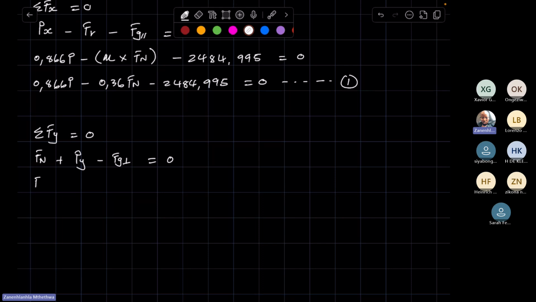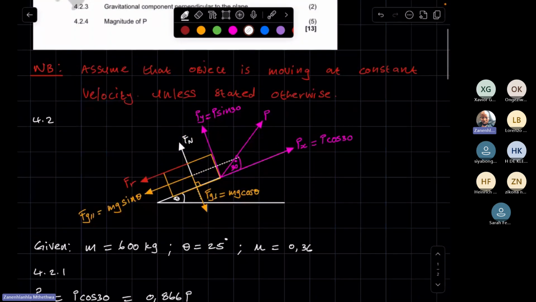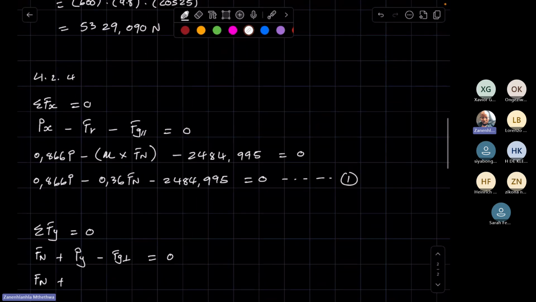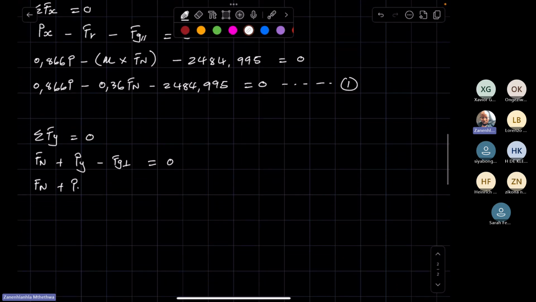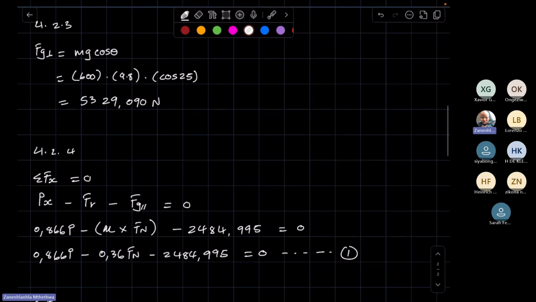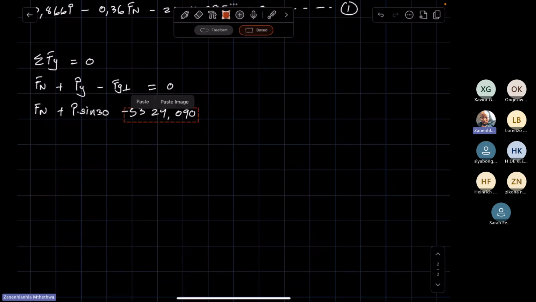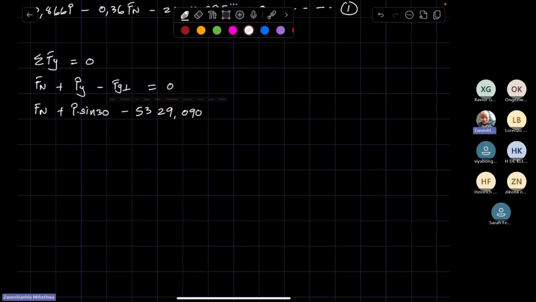Normal force remains the same, plus Py, which is equal to P sine 30, minus Fg perpendicular. We also calculated this, and this is what we got.